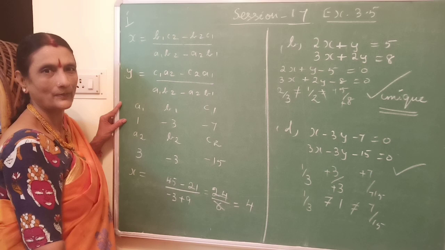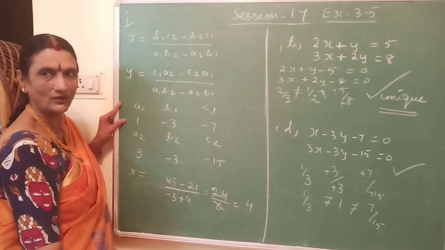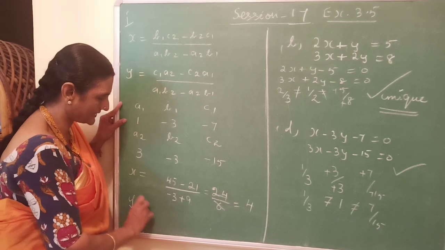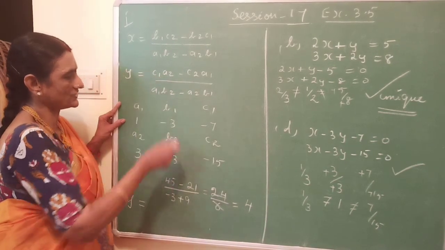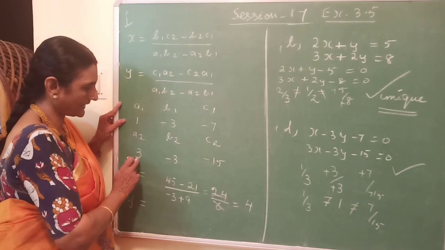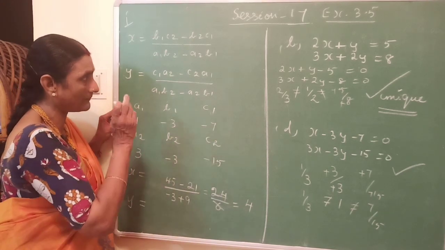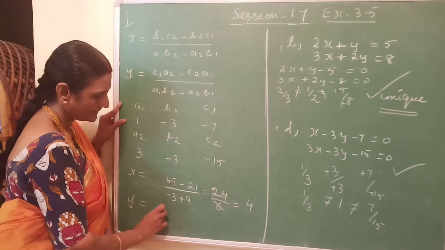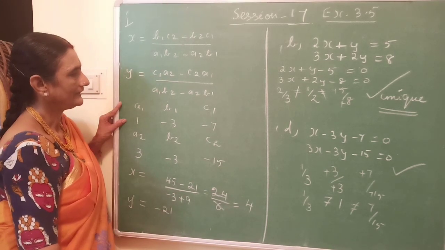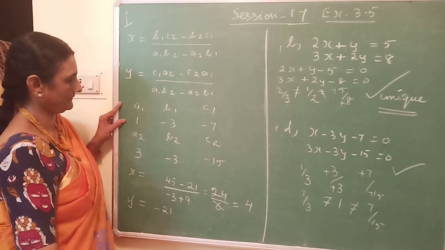Correct? We will proceed to find the value of y. Now tell me what is y is equal to C1A2. Where is C1A2? 3 into minus 7, 3 into minus 7 is minus 21. So the first term is minus 21. Then what is C2A1?